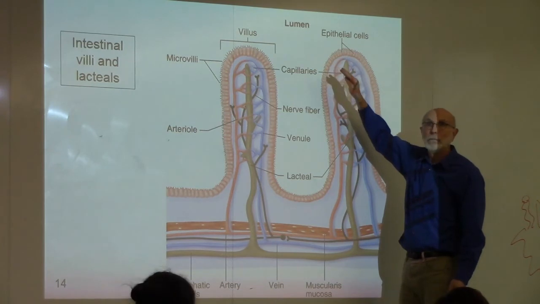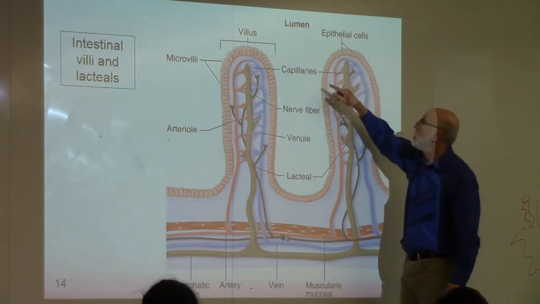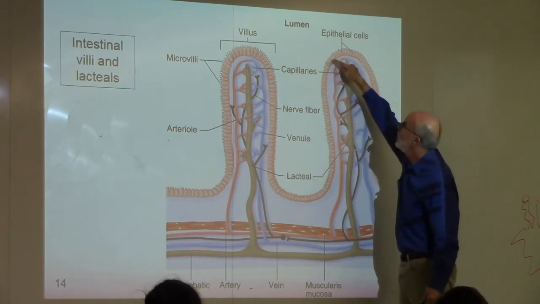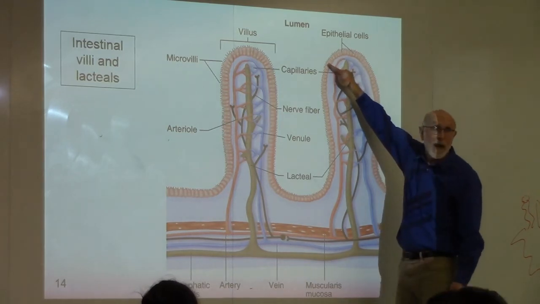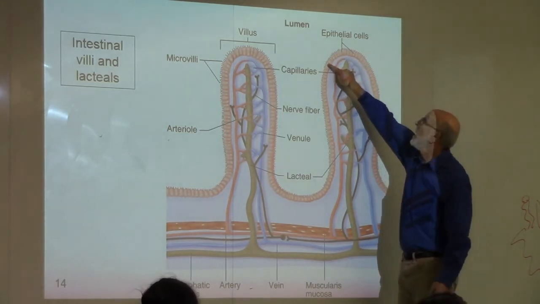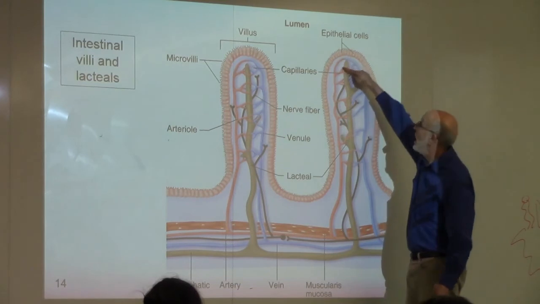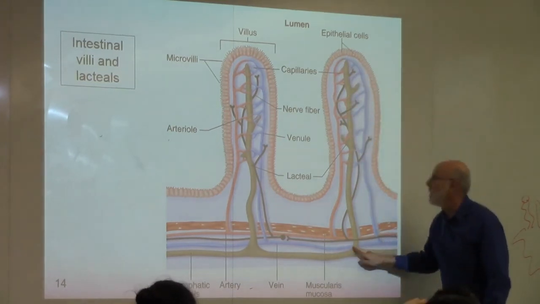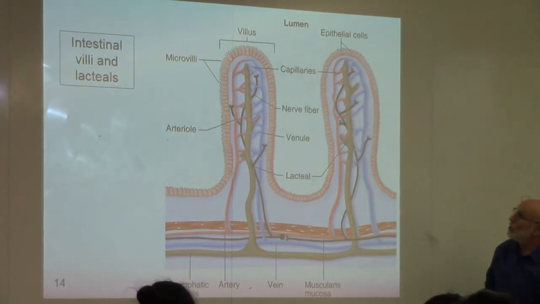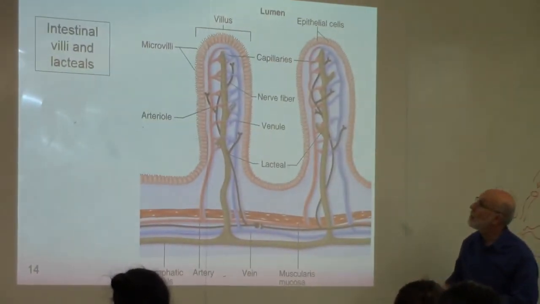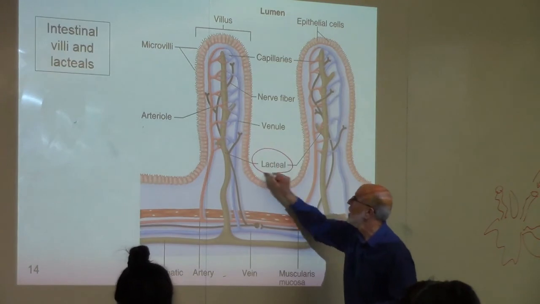The fat monomers, the fatty acids and monoglycerides, diffused, were synthesized into chylomicrons, exocytosed, and picked up by the lymph structure, which has a name that I do want you to know, the lacteal.